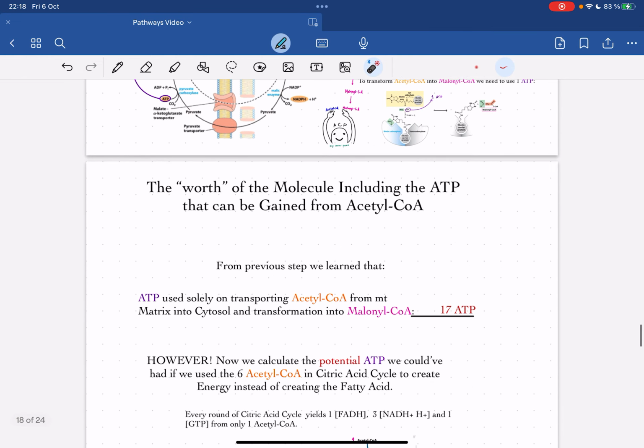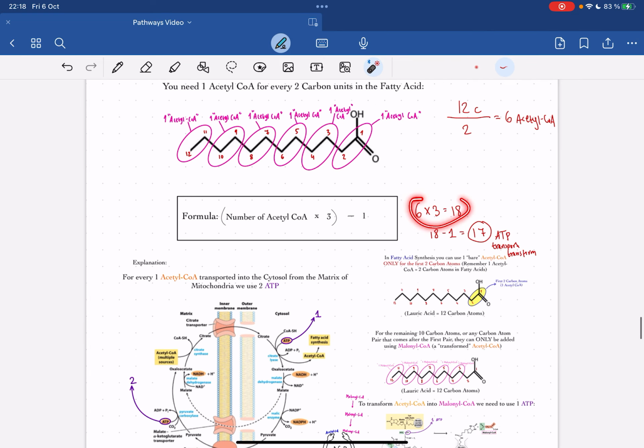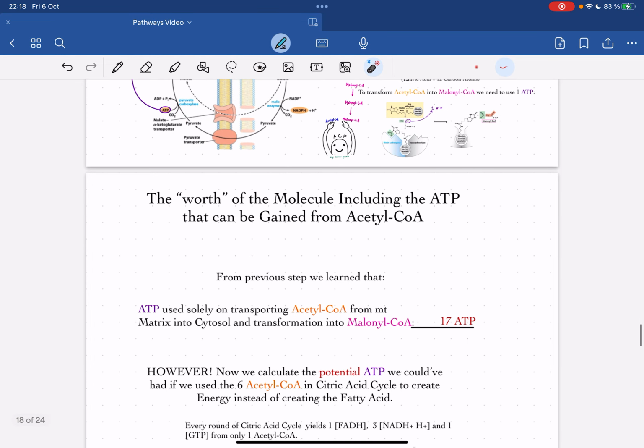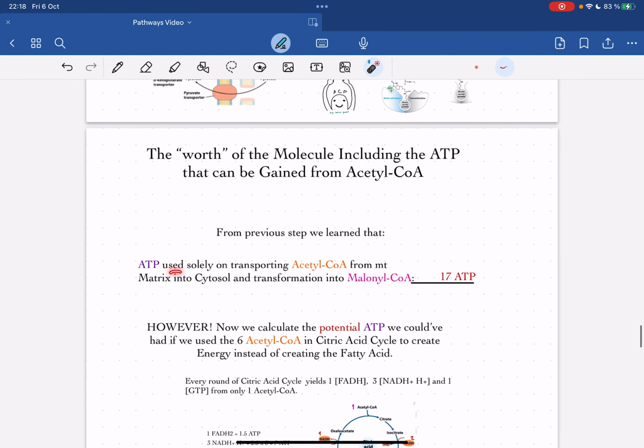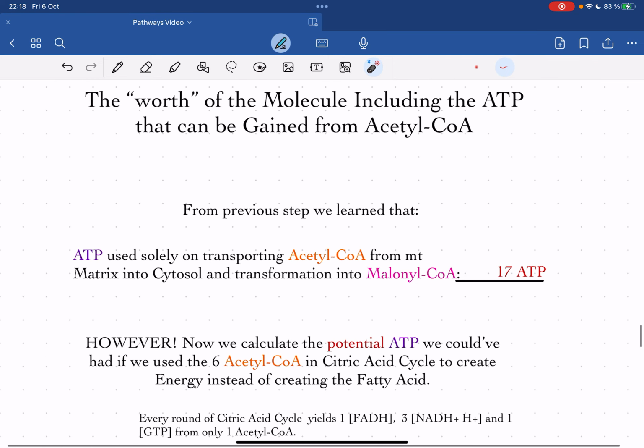Okay, so here we calculated, of course, we did follow this formula and we got 17 ATP, and that is what we got right here. ATP used solely on transporting acetyl-CoA from matrix of mitochondria into cytosol and transforming into malonyl-CoA.